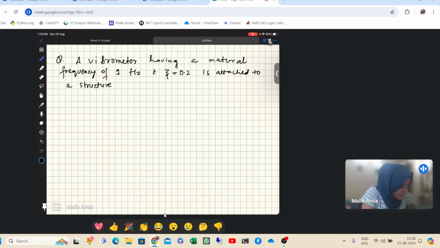that performs a harmonic motion. The amplitude of recorded values, so recorded values means Z, not Y, is 7 mm.